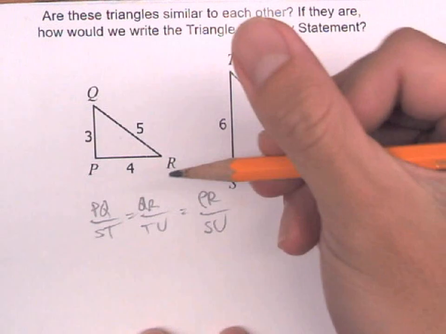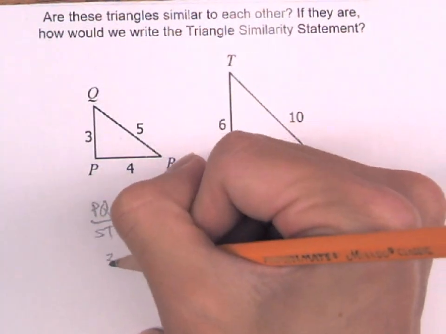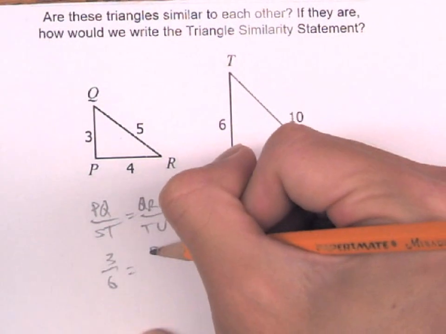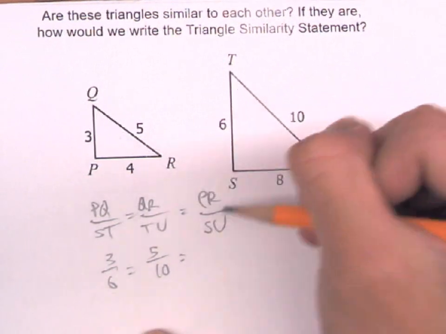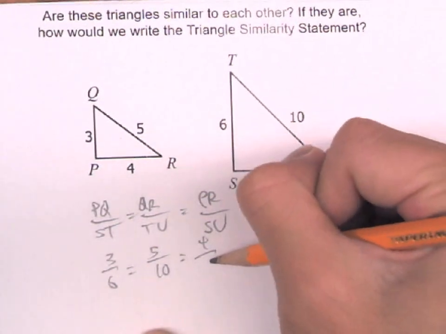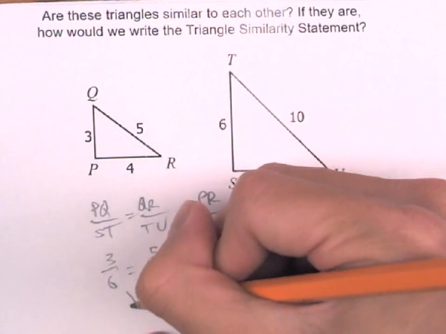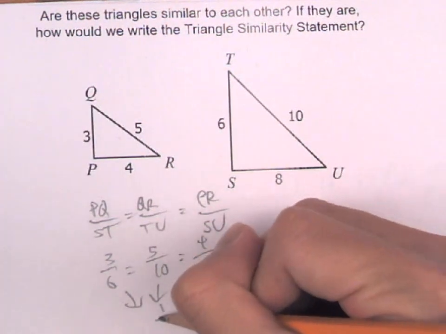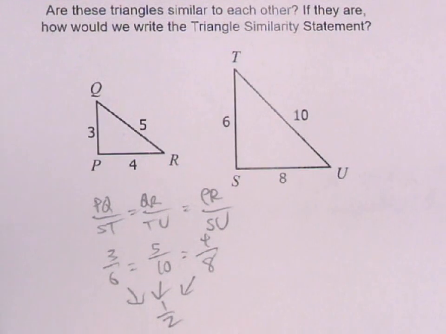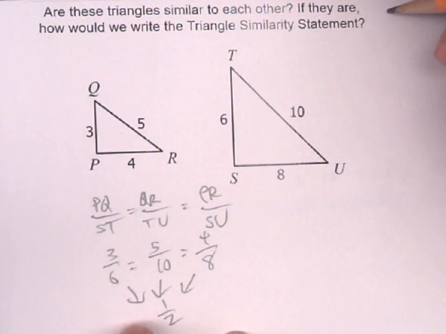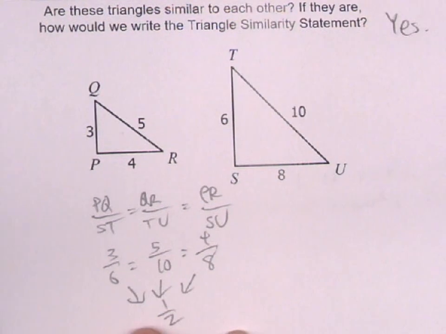If you solve it through, this is 3 over 6 equals 5 divided by 10 equals 4 divided by 8. All of these proportions end up being 1/2. So if they're all proportional to each other, they are similar. So this is yes.